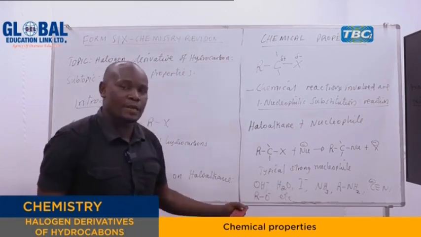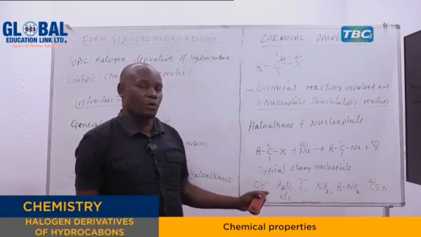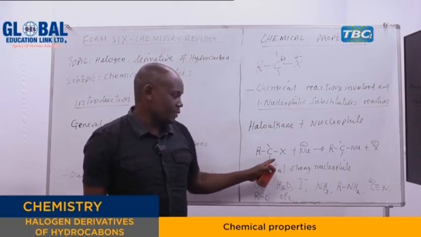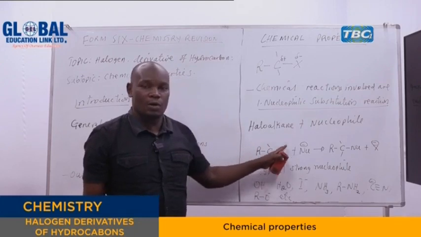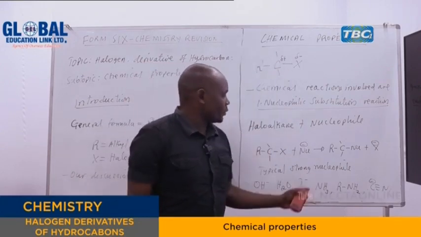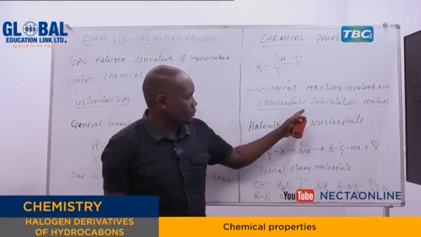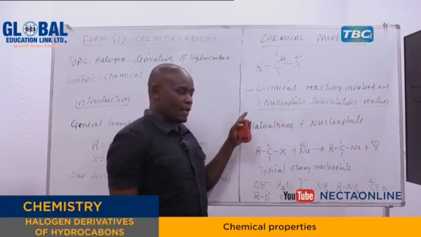These are some examples of nucleophiles that can substitute the halogens from the haloalkane. And the chemical reactions that undergo nucleophilic substitution are as follows.